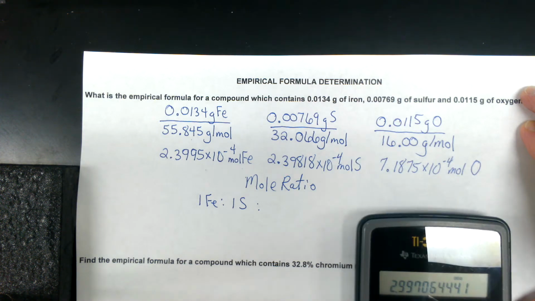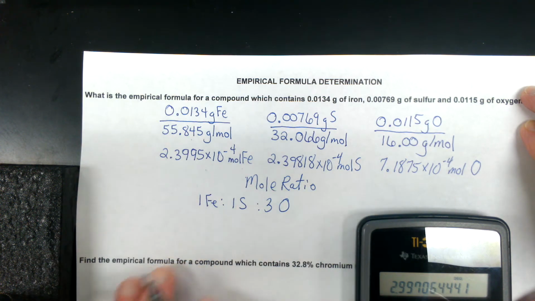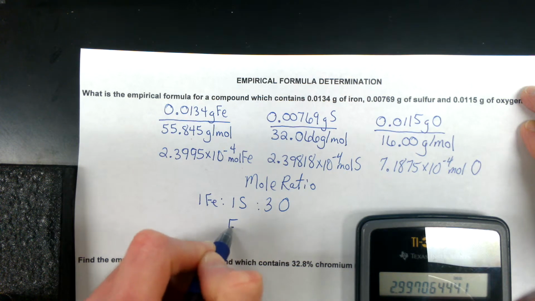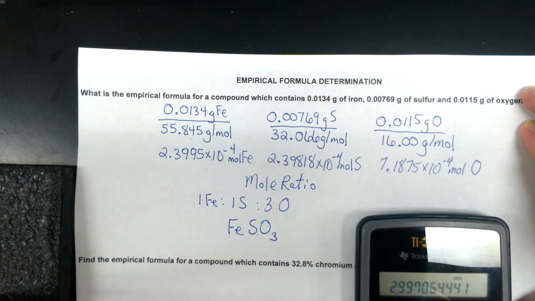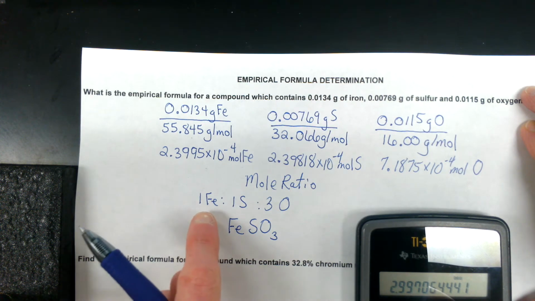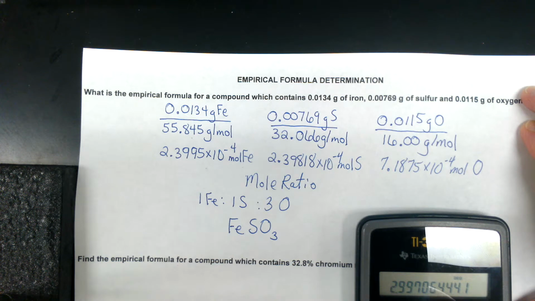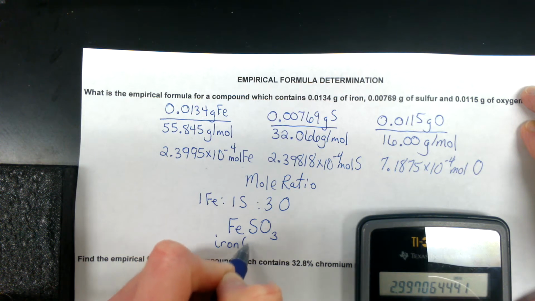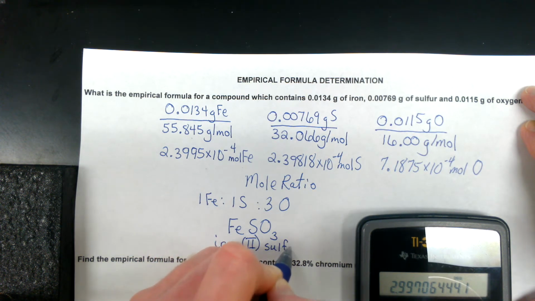Okay, so that ratio is 1 to 3. So our formula for this compound would be FeSO3, because the elements are in a 1 to 3 mole ratio. If we wanted to name this compound, it would be iron(II) sulfite.